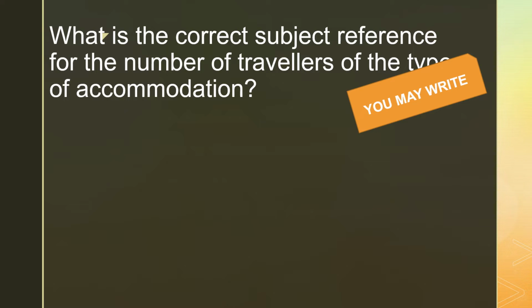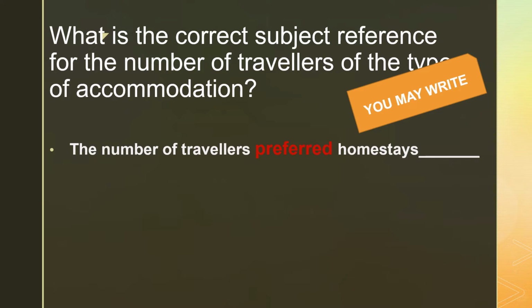Alright, next, what is the correct subject reference for the number of travelers of the types of accommodation? Okay, you must get the subject reference correct. So you may write like this. The number of travelers preferred homestay.